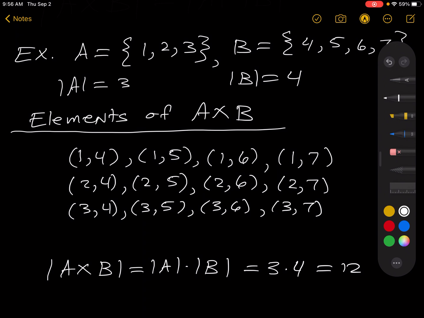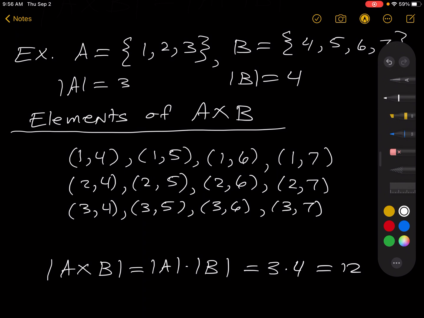Now, so what's going on here? So why is our formula correct? Our formula is correct because we have 4 points for the first coordinate 1, and we have 4 points for the first coordinate 2, and we have 4 points for the first coordinate 3.